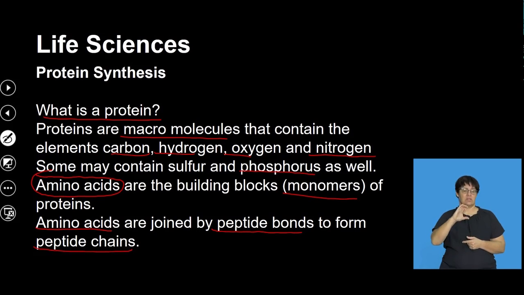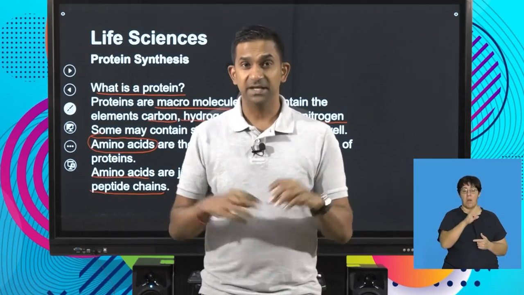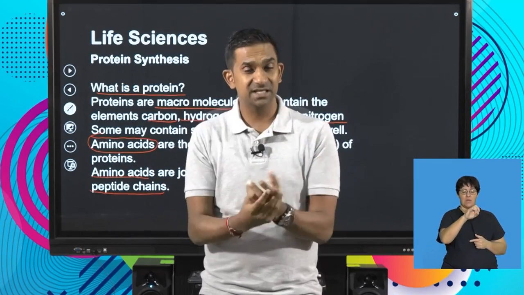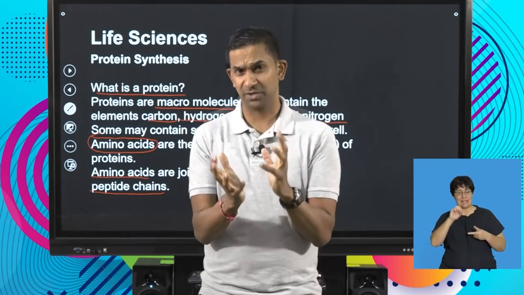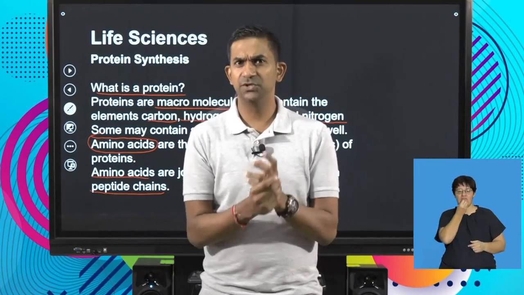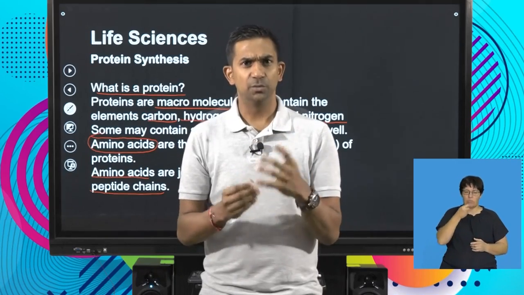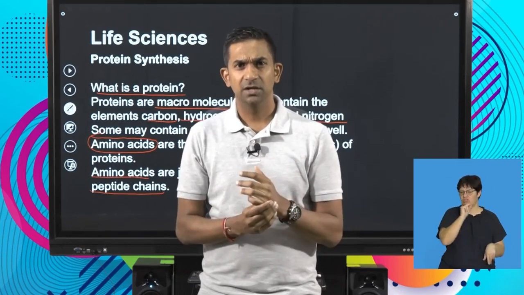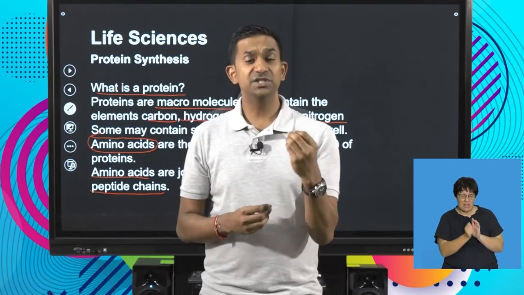So to unpack this, proteins are made up of monomers called amino acids. And these amino acids are present in the cytoplasm. We have a host of about 20 different amino acids. And these come from your diet. So when you're consuming your proteins, your meat, your fish, your chicken, your beans, these are rich in proteins.